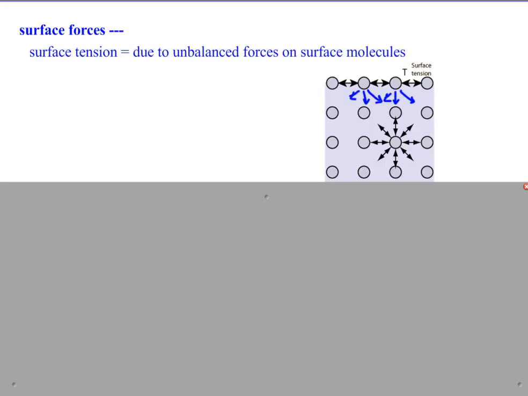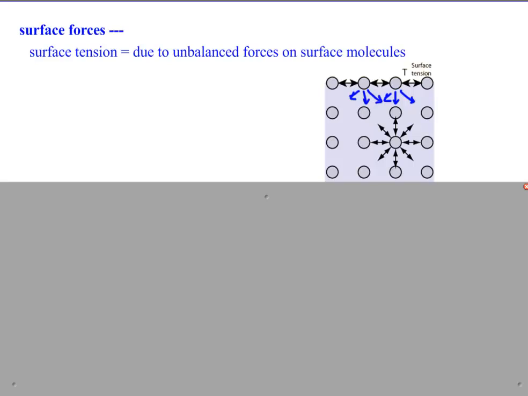So one way to think about those surface molecules would be to think about them as you would the surface of a trampoline, or if you remember in elementary school when you played with the big parachutes, pulled them tightly, you could bounce a teddy bear or a ball on it. And the reason you could do that is because there was a lot of tension sideways and sometimes down.